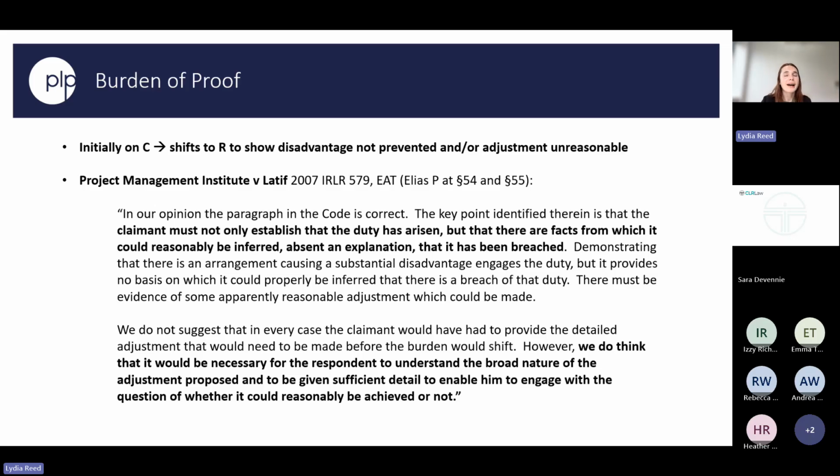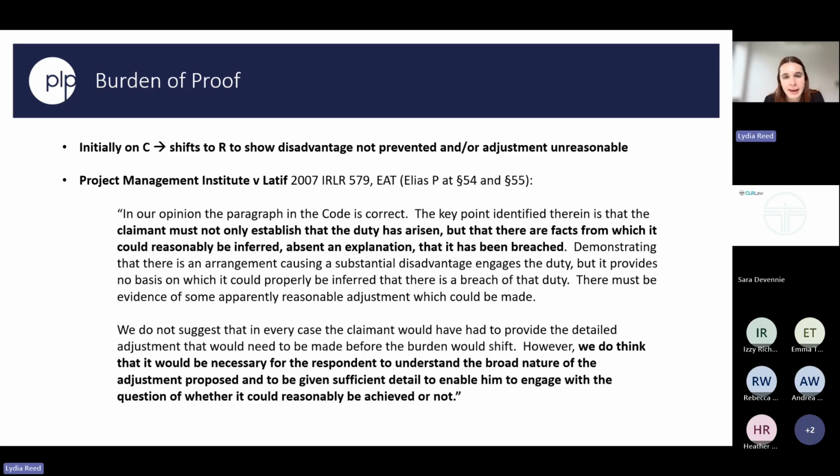The rationale behind that is that the claimant must really give an indication to the respondent of what requirements or adjustments should be made. That allows the respondent to know what case it's meeting and can then enable a respondent to dispute whether an adjustment is in fact reasonable in the circumstances.